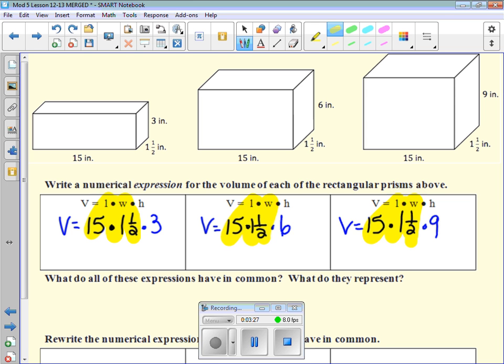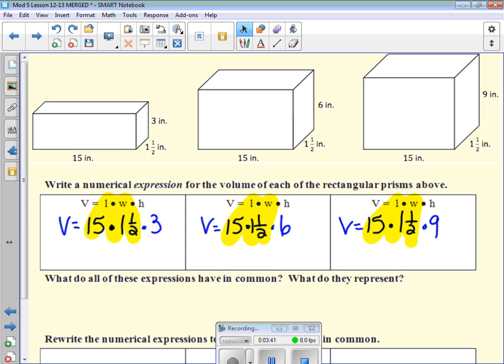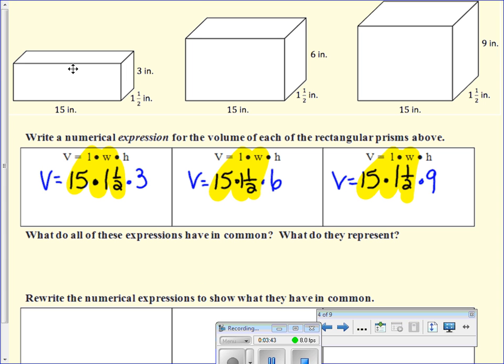Wait a minute. Length times width? What? What's length times width? Area. Length times width is what we use to find the area. So let's see if they all have that in common. Let's fill in the next part. So they all have in common.